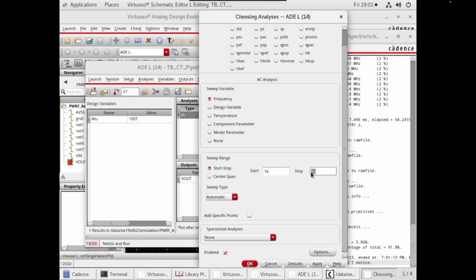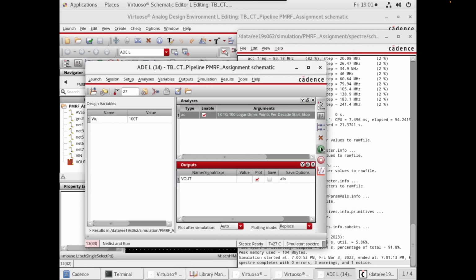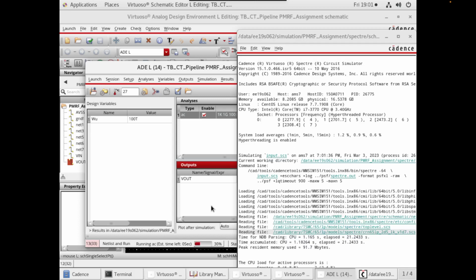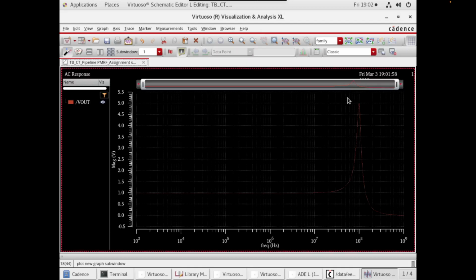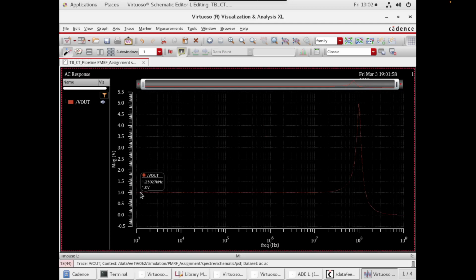Okay, so again the thing is good. So you can see over here, the DC gain is 1.